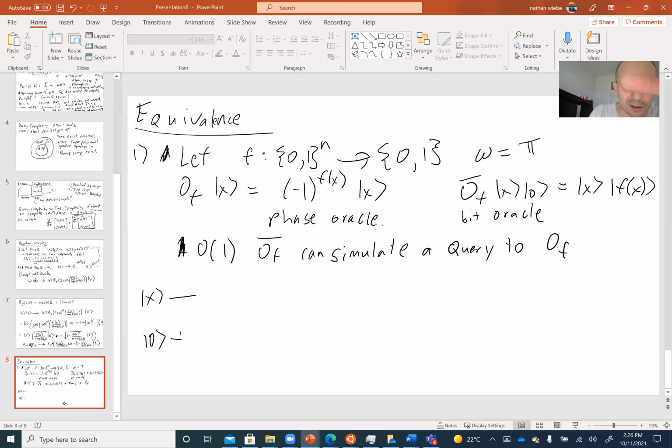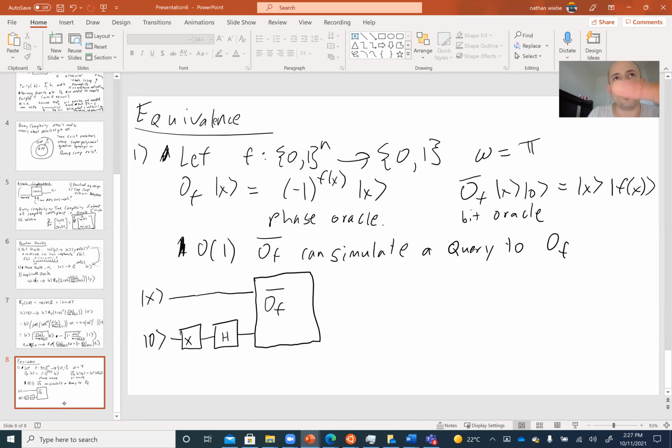We're going to then apply a NOT gate to |0⟩, and then we're going to apply a Hadamard transform here. Then after we do this, we are going to apply Ō_f to apply the bit oracle to the bottom.